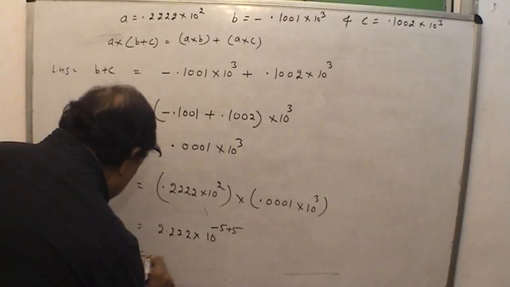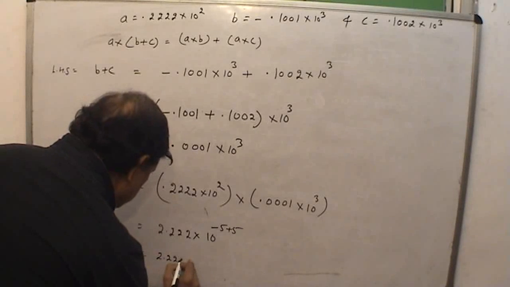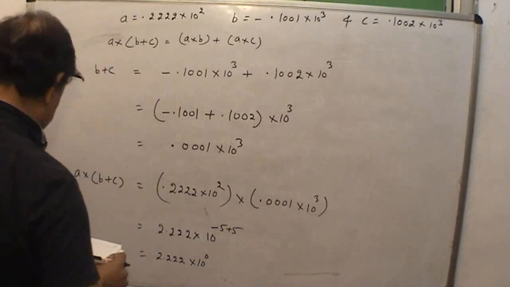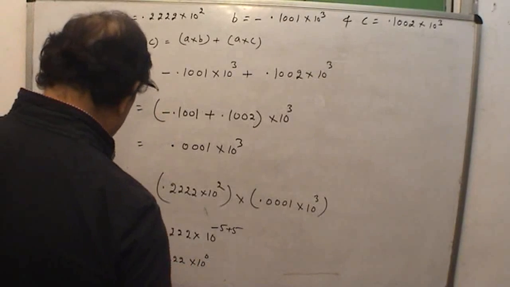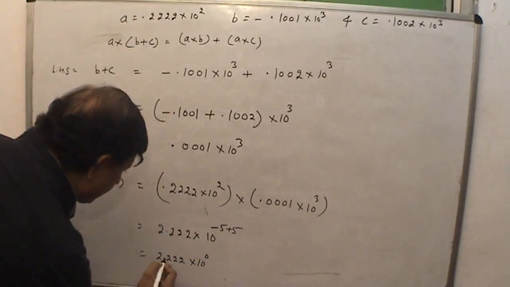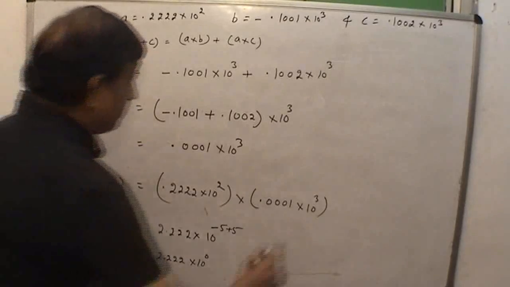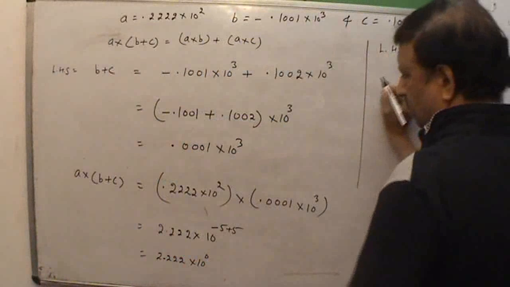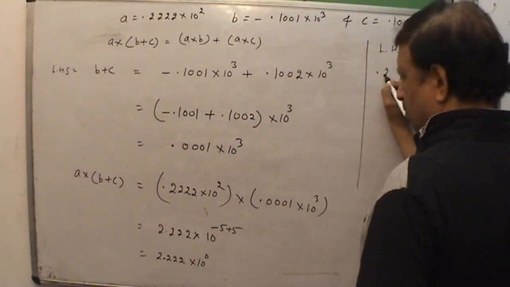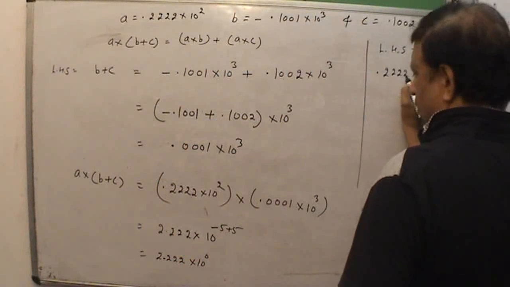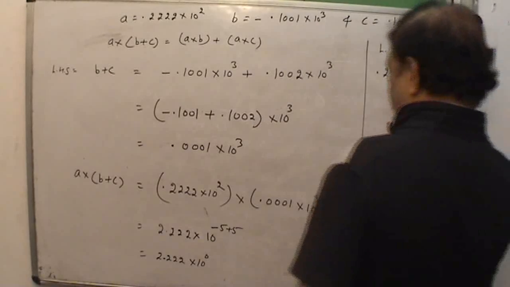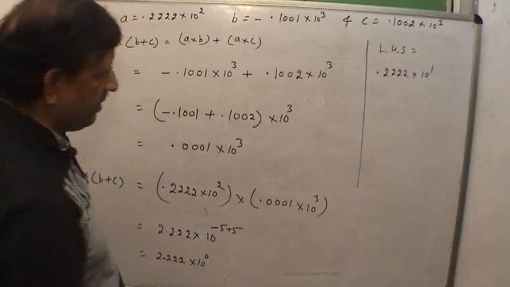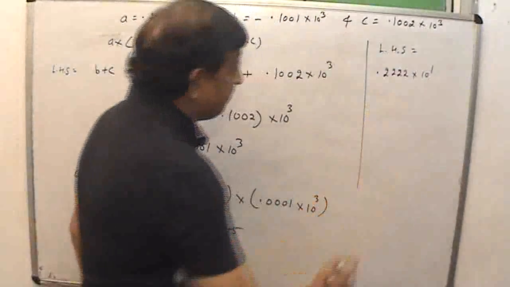That is equal to 2.222 into 10 raised to the power 0. So we can write it in the normal form like this. So left hand side, that is equal to decimal 2 into 10 raised to the power 1. We have shifted the decimal towards the left hand side. Now here it is the left hand side.